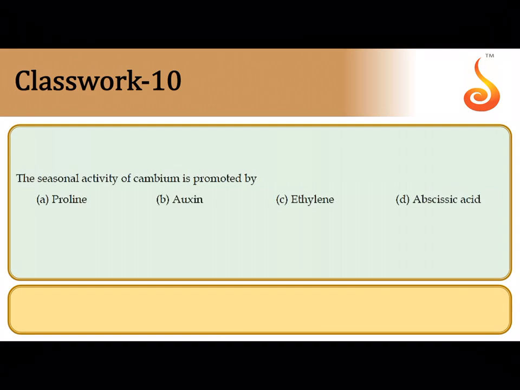The seasonal activity of cambium. Now, what is cambium? All of you are aware that cambium is nothing but meristematic tissue, and this meristematic tissue is involved in secondary growth. So it is not something that is active during the early stages of the life of a plant. It is active when the plant is becoming a tree, a woody plant, isn't it?